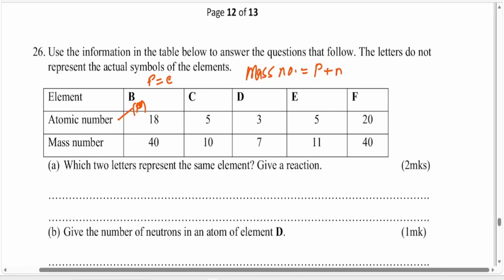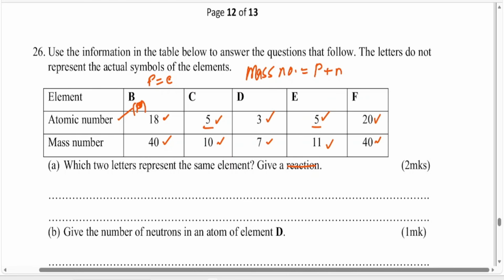Looking at what we are given, we are asked which two letters represent the same element. Give a reason. We have atomic number 18, mass number 40; atomic number 5, mass number 10; atomic number 3, mass number 7; 5, 11; 20, 40. You notice that we have an atomic number that has repeated itself.